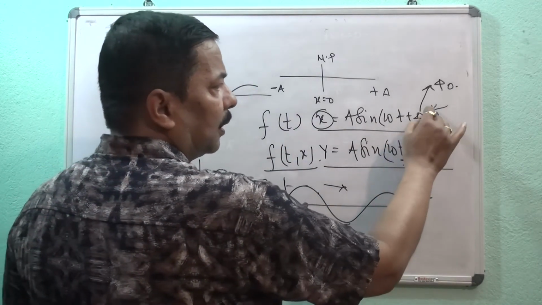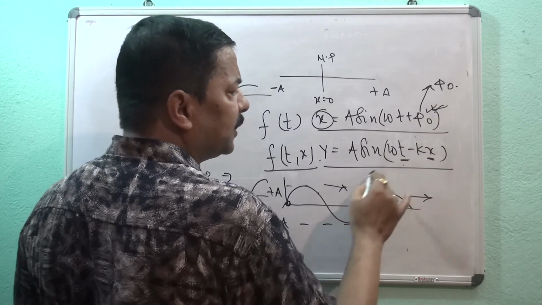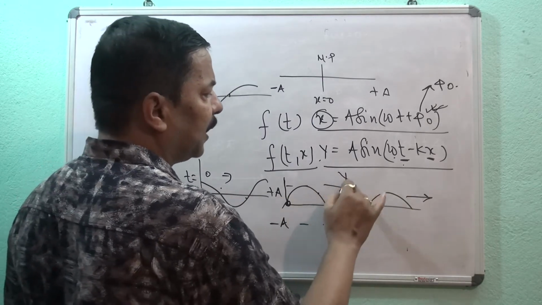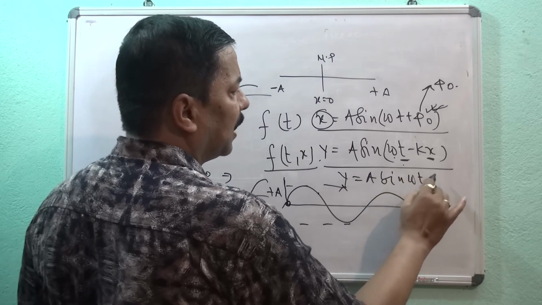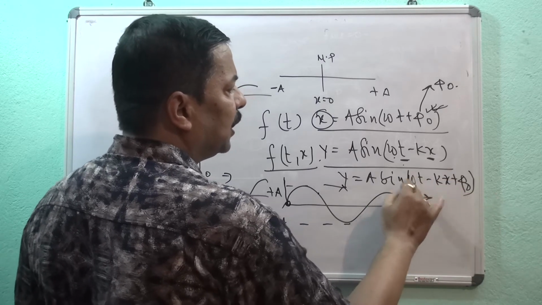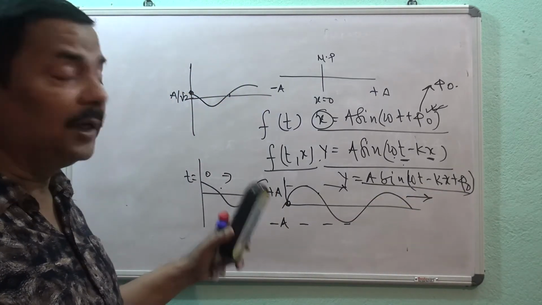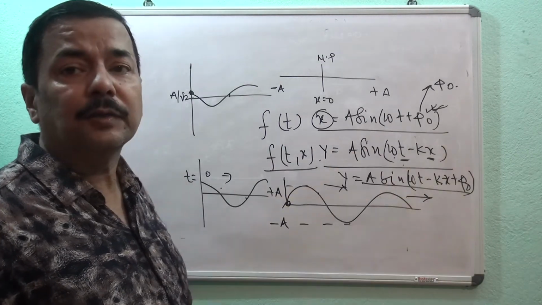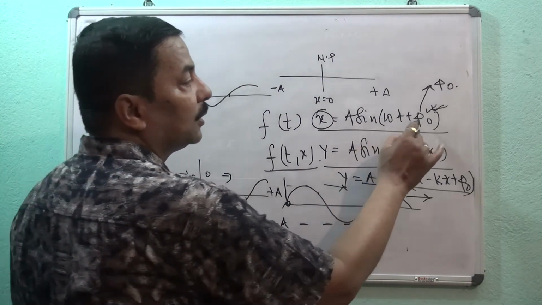Because if we are calculating the phase here, we will get the phase here also. This is the equation which has started from here. We can replace it this way: a sine omega t minus kx plus phi naught. For complete understanding of wave, this initial phase knowledge and information must be with you. So we should know how to calculate this one.